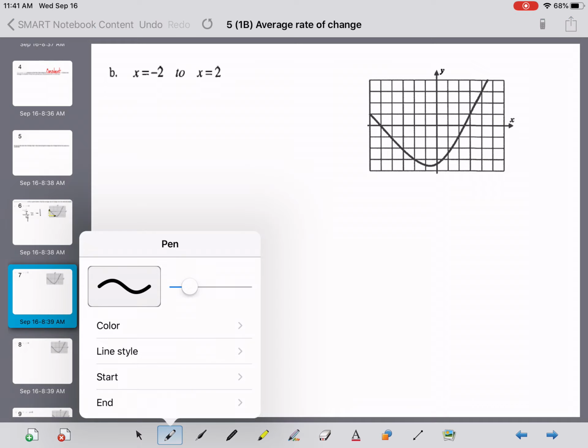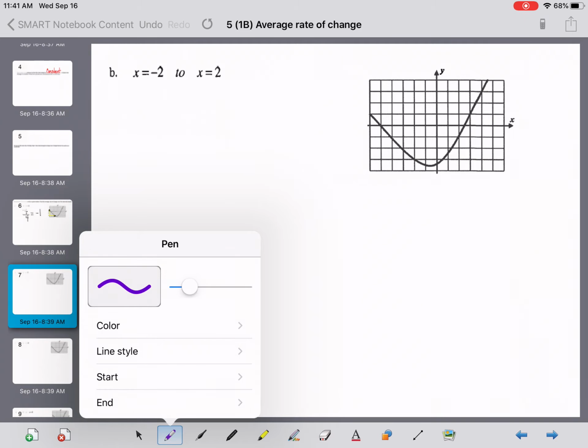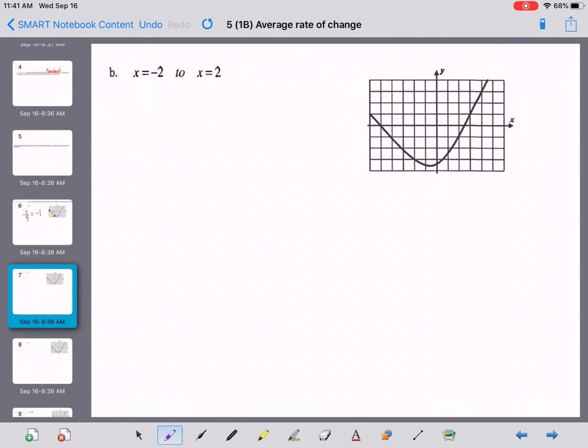If we look at example 2 here, x equals -2. So here's where x equals -2. There's that point. We saw it on the last problem, to +2. So here's the point that we're looking at.